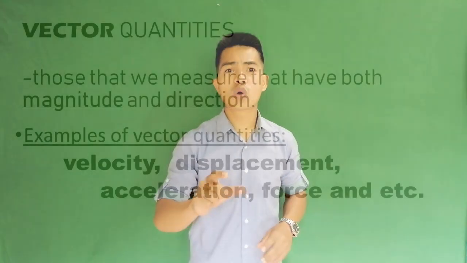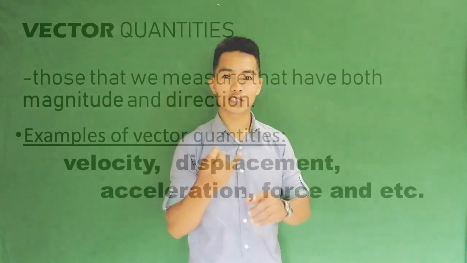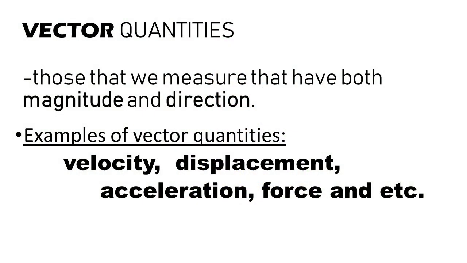Now, for the vector quantity, vector quantities are those that we measure with both a magnitude and a direction. Again, vector quantities are those that we measure with magnitude and a direction. Examples of vector quantities are displacement, velocity, acceleration, force, and others.